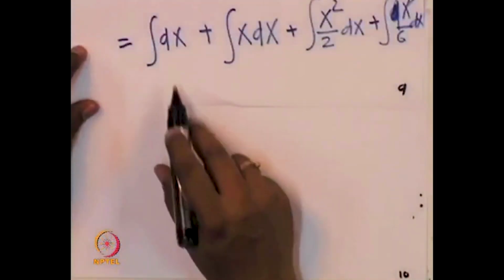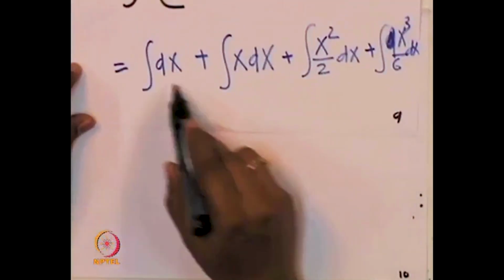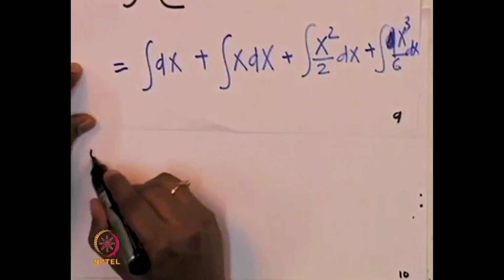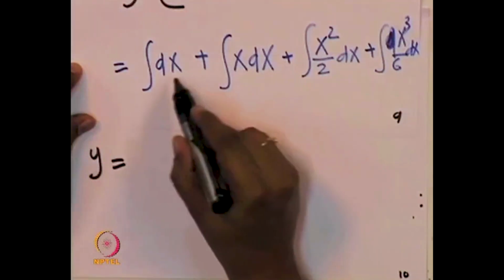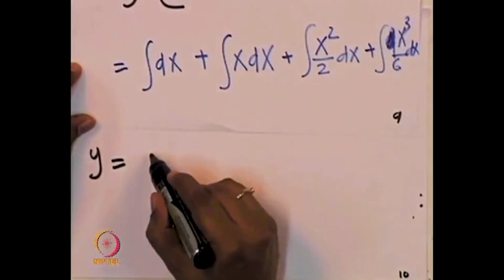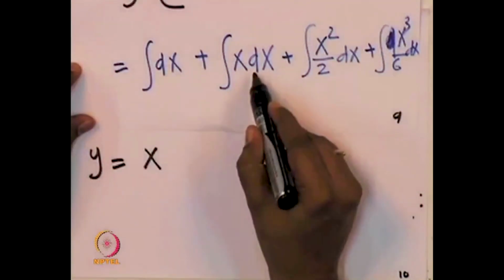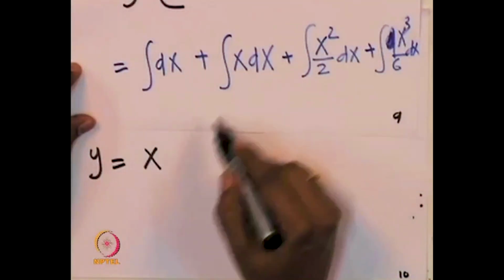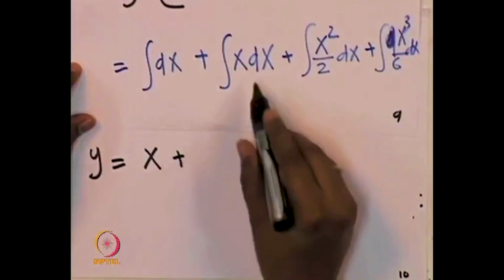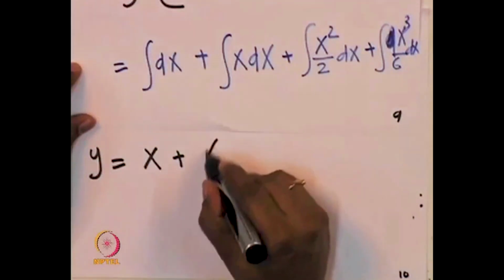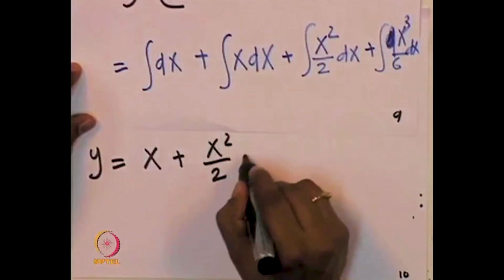So, let us look at this. Basically you want y equal to the integral of the integral of 1 dx, which is x. Then the integral of x dx is x square by 2.